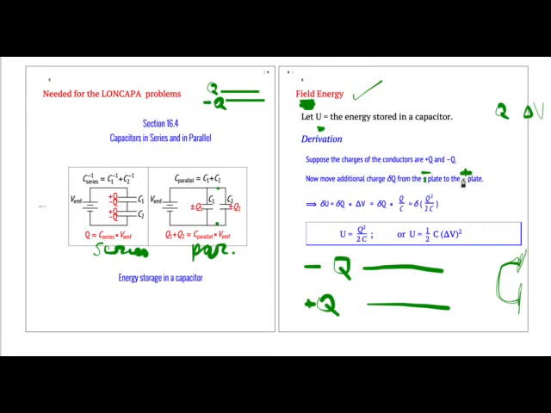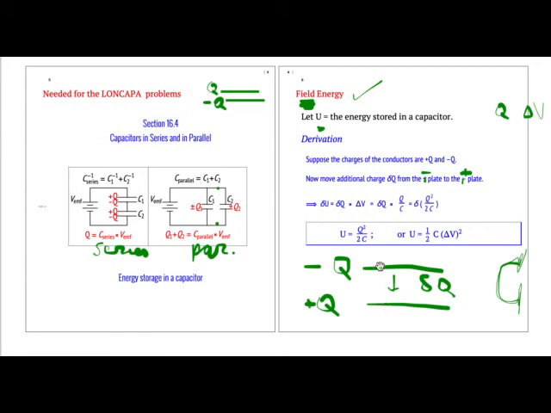In other words, I want to increase the charge separation. I want to move a little positive charge, delta Q, a little amount of coulombs, from the negative plate to the positive plate.